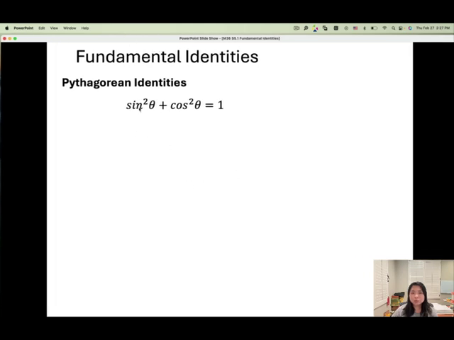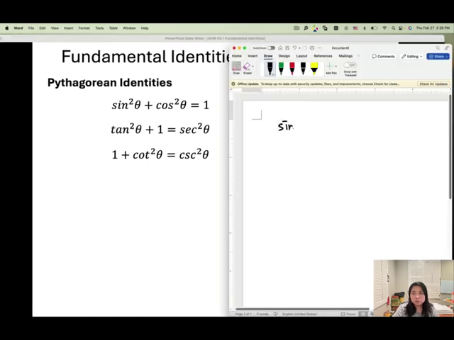Since we have sine squared theta plus cosine squared theta equals 1, we could revise it and get 2 more identities. Let me show you how to get these 2. First, we have sine squared theta plus cosine squared theta equals 1.